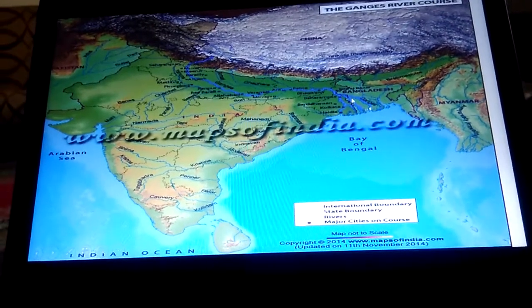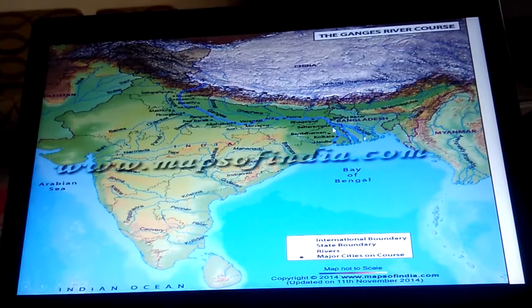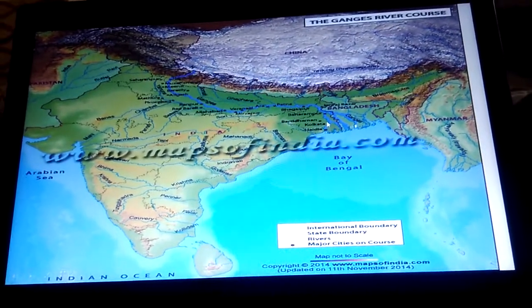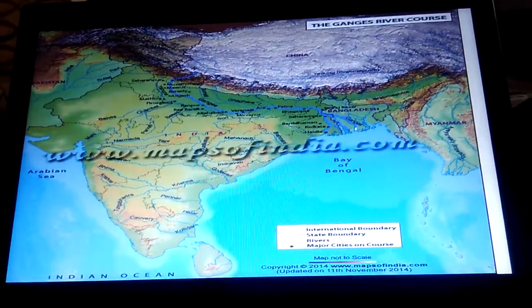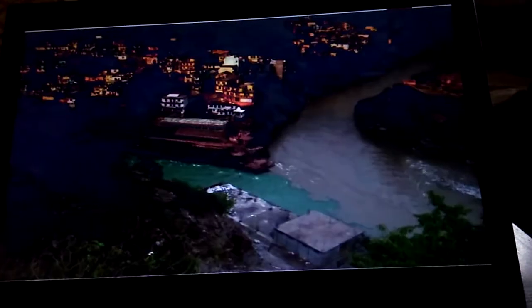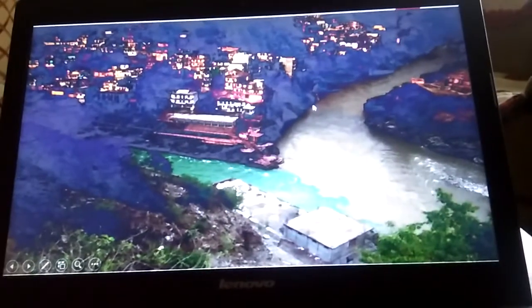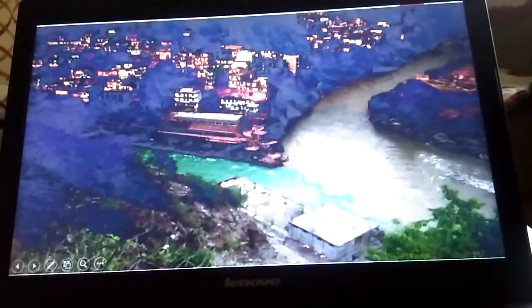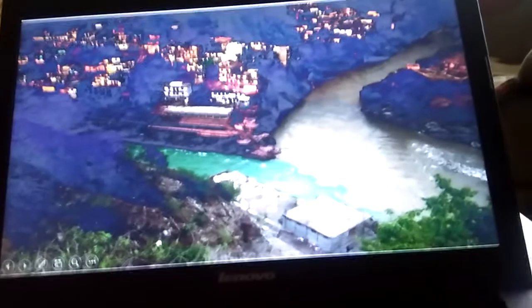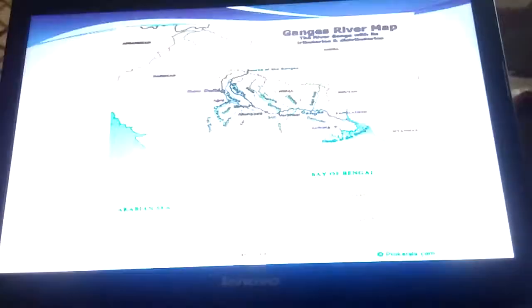One distributary goes to Bangladesh, and another distributary goes into West Bengal, and this distributary is called river Hooghly. This is the picture showing river Alaknanda and river Bhagirathi, both joining together at Dev Prayag. You can see the difference in the water coming from river Bhagirathi and Alaknanda.